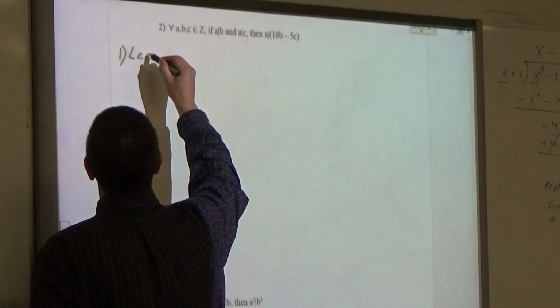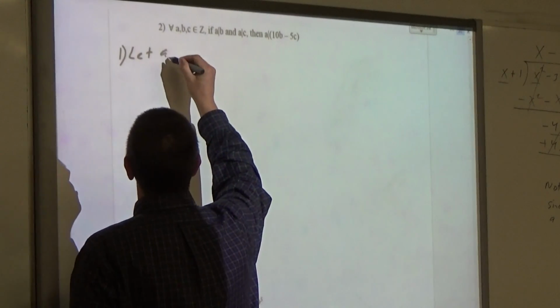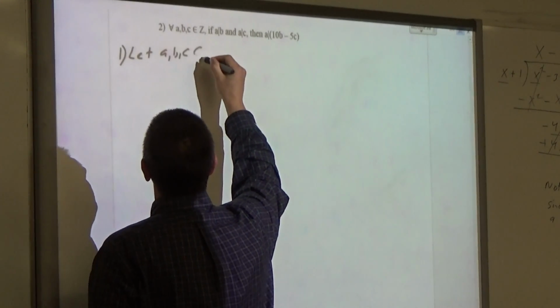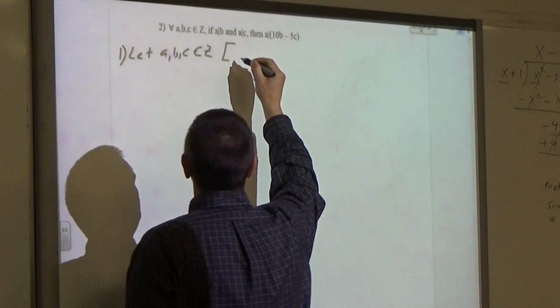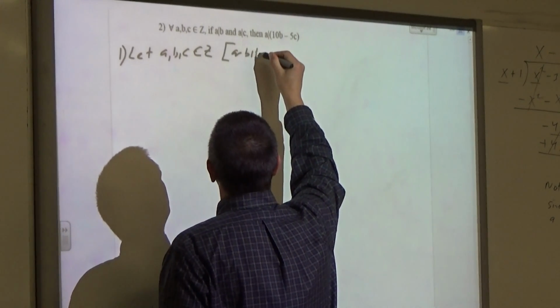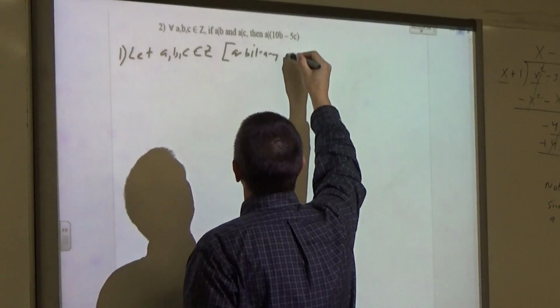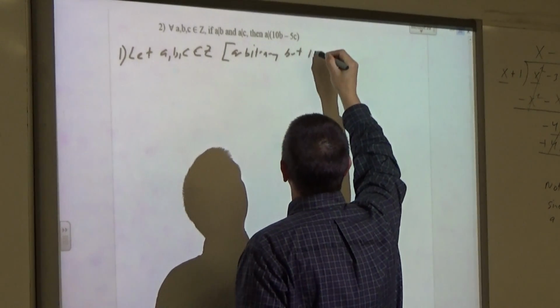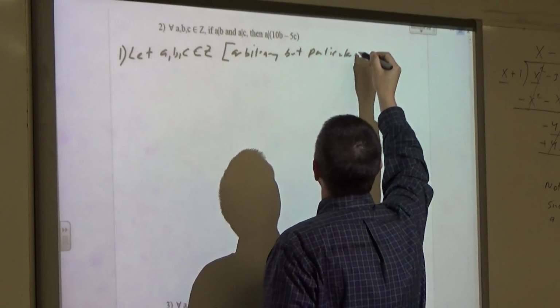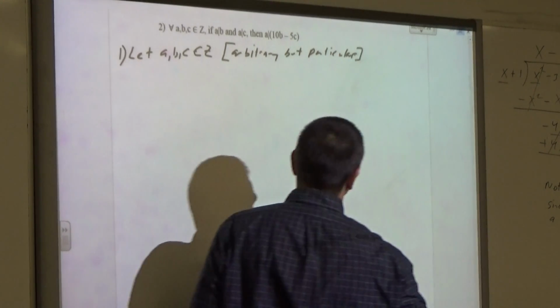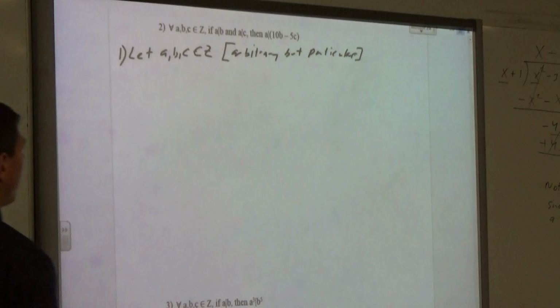So here's how we're going to start this out. Let A, B, and C be elements of the integers. Arbitrary, but particular. And remember, you don't have to write that, at least in my class, but somebody else might make you write it.